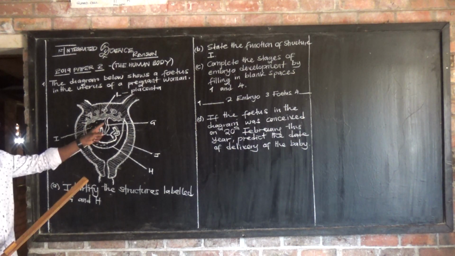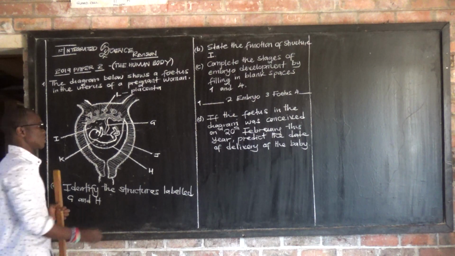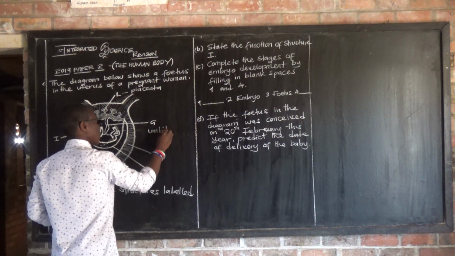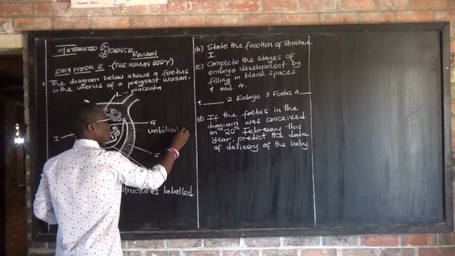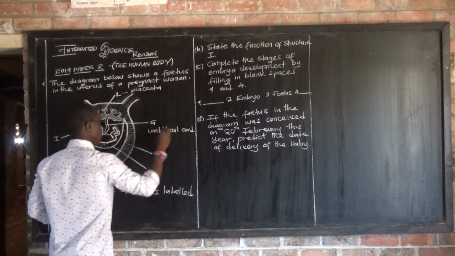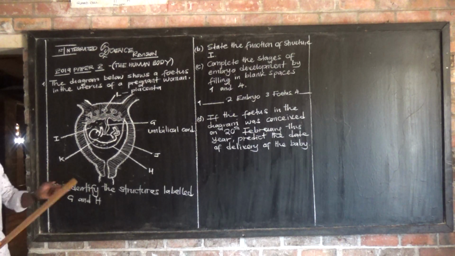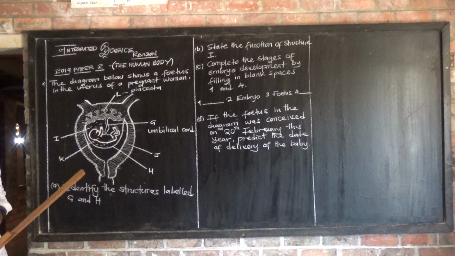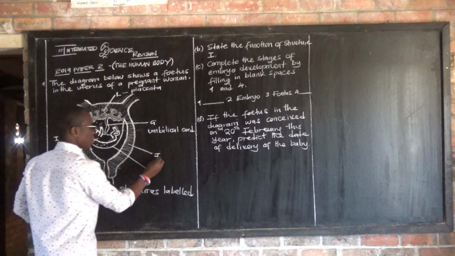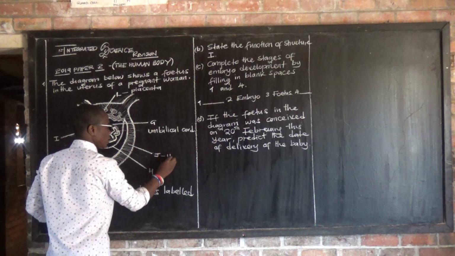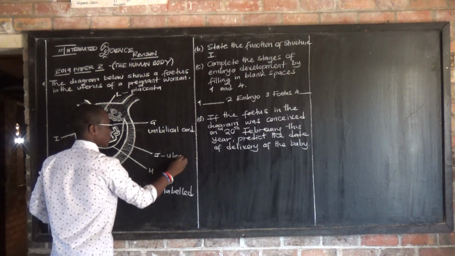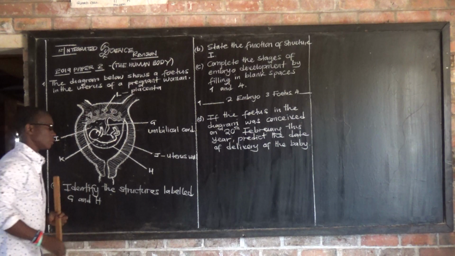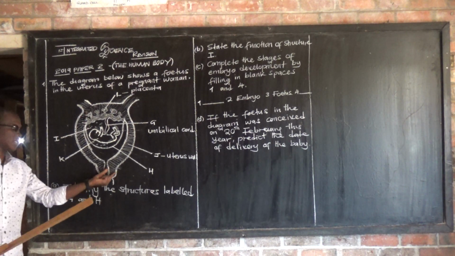Then we have part G, which is the umbilical cord. Then you have J, which is the endometrium, or you can say uterus wall, the walls of the uterus.